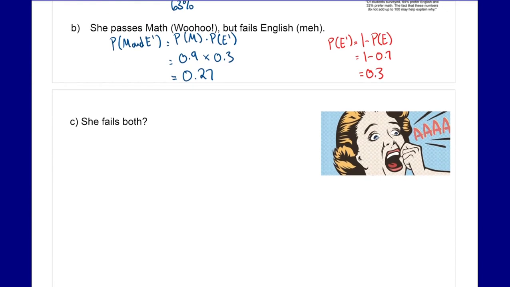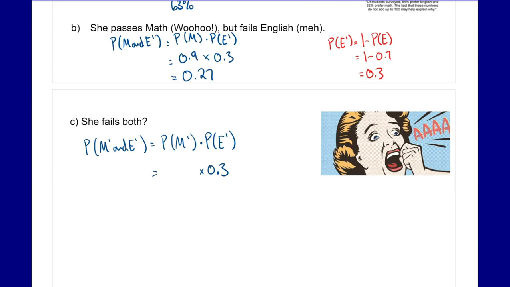What is the probability that she will fail both? So here we're looking for the probability of failing math and English. We need to take the probability of failing math multiplied by the probability of failing English. We do have the probability of failing English. That was 0.3 or 30%, which we calculated earlier in the last part.